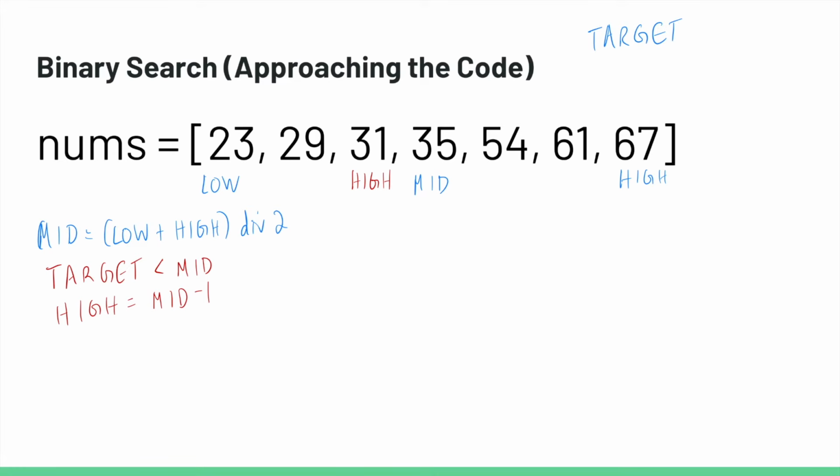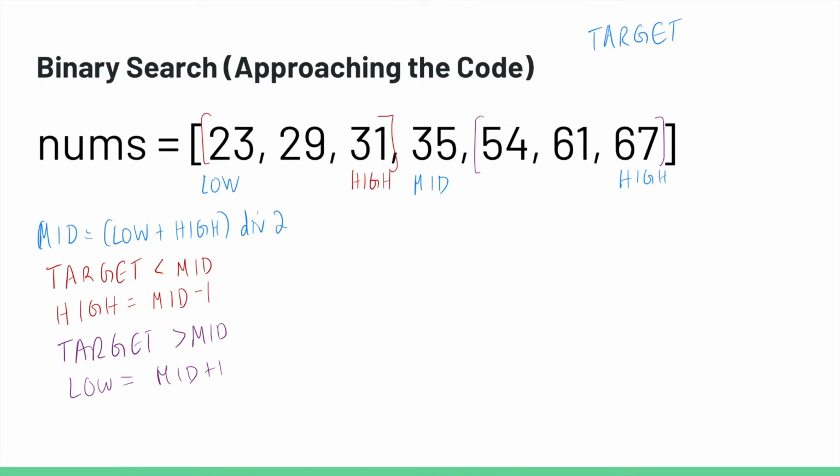On the other hand, if target is greater than mid, that means that we're going to be focused on this portion, whereas we were focused on this portion when the target was less than mid. So what we're going to do now is say that low is going to be equal to mid plus 1. So we're basically using low and high to define the portions of the array that we're going to analyze in each step.